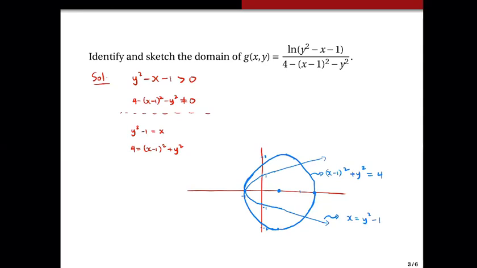For the domain, we don't want the points on the circle, where the denominator equals 0. So for the domain, we have this part here, and we have a dashed part here.